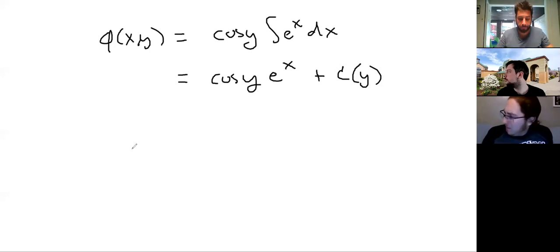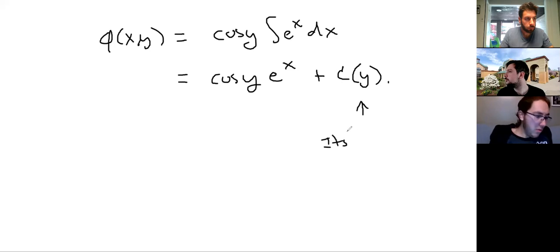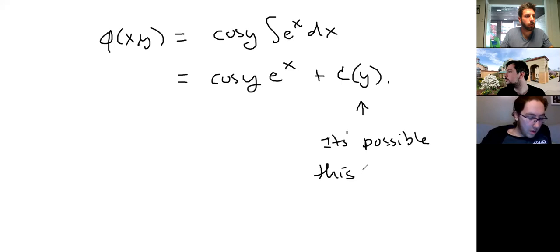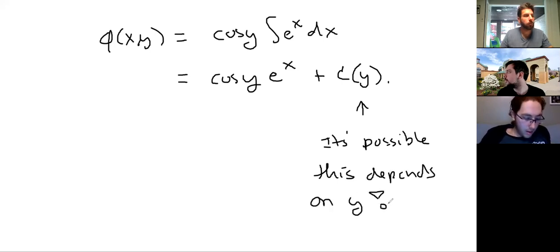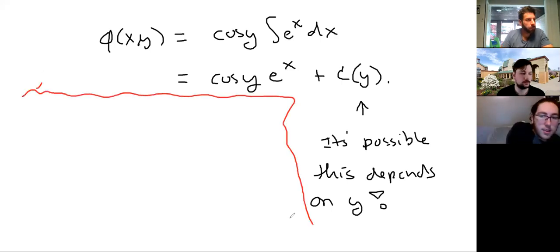Let me kind of corner off something. I want you to understand what I mean by this, so you can check what I'm saying. If you take the partial with respect to x of phi, let's think about what this means by definition.